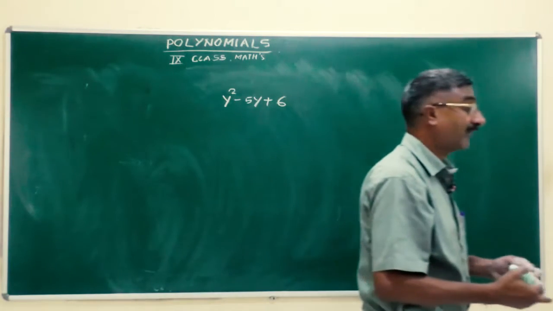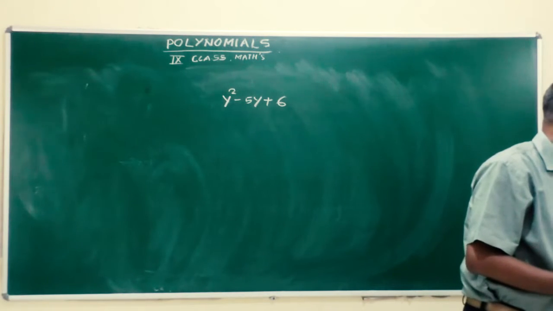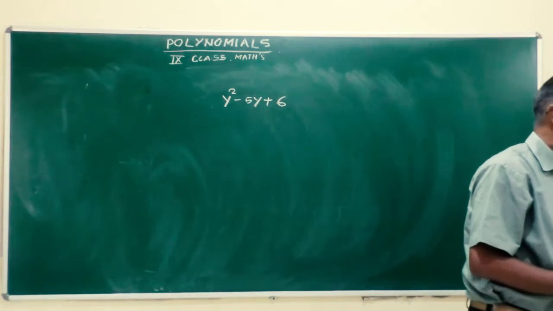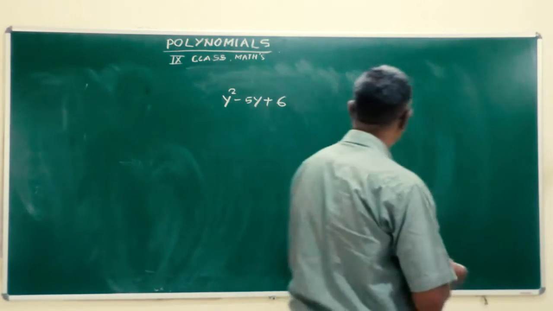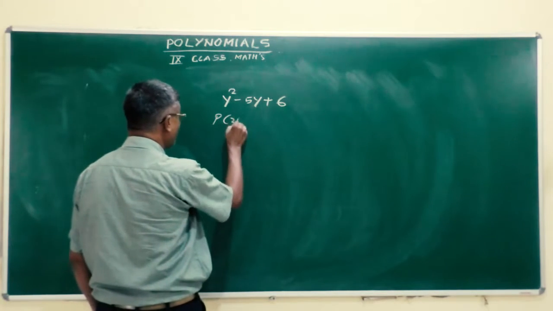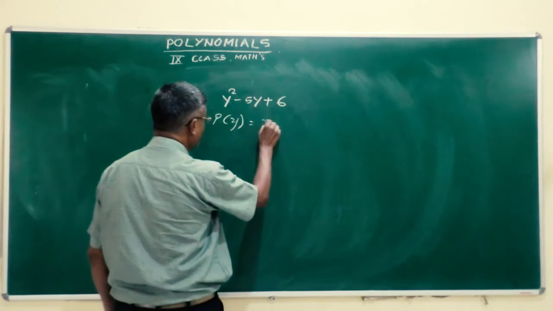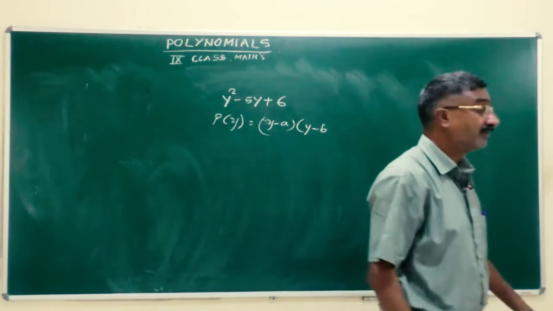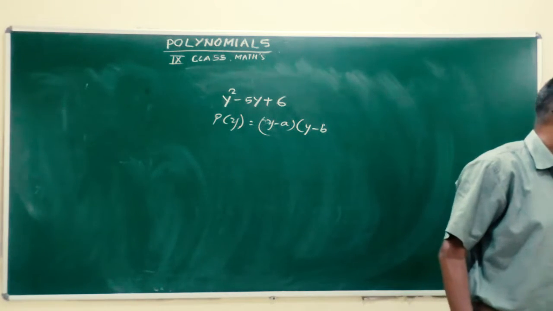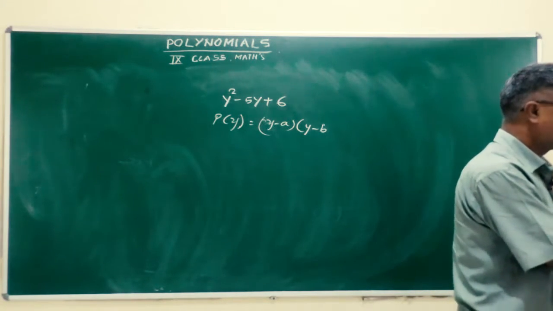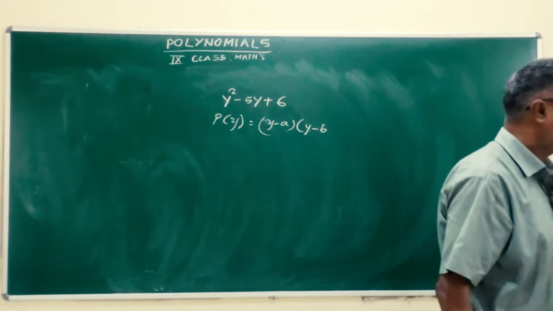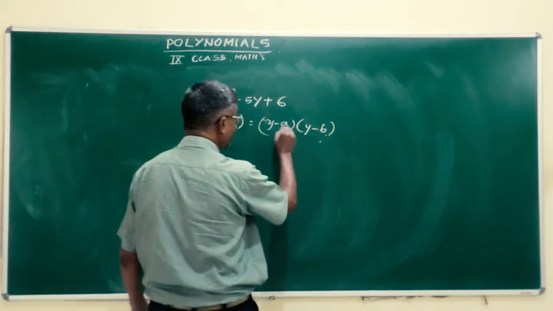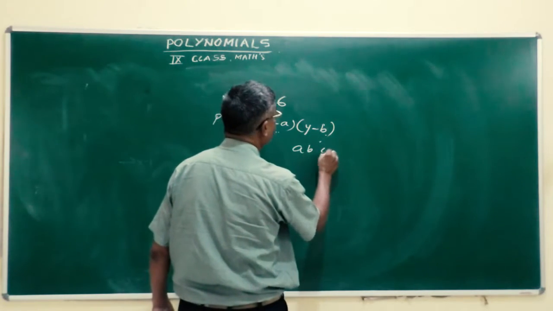So, the multiplying factor is 1. So, that is 1 into y square minus 5y plus 6. Now, if P of y is equal to (y minus A) into (y minus B), the constant term will be AB, which is equal to 6.